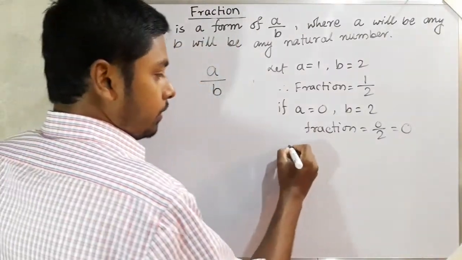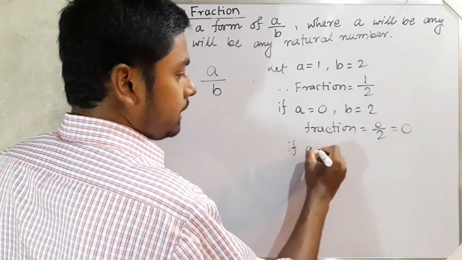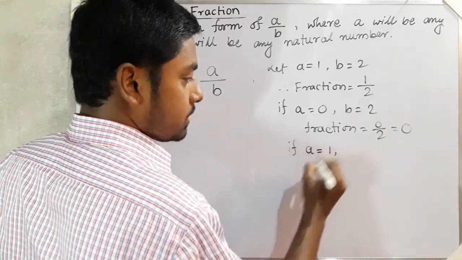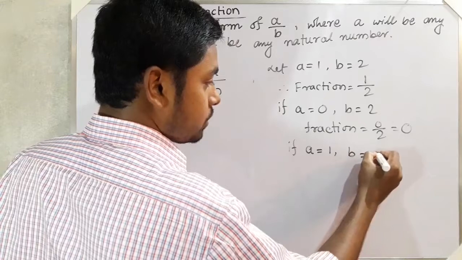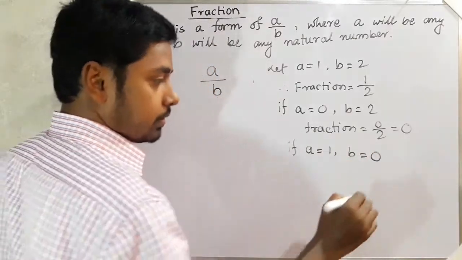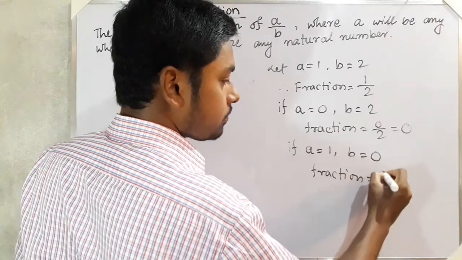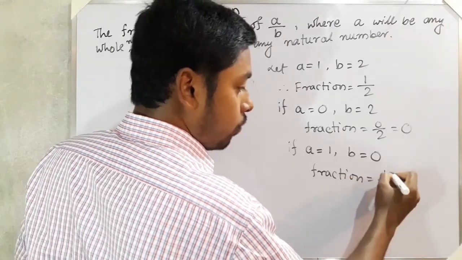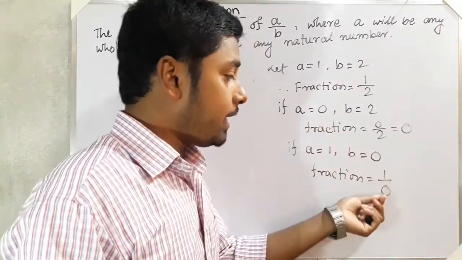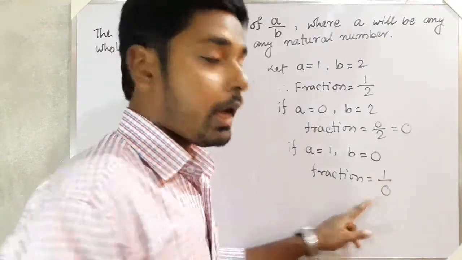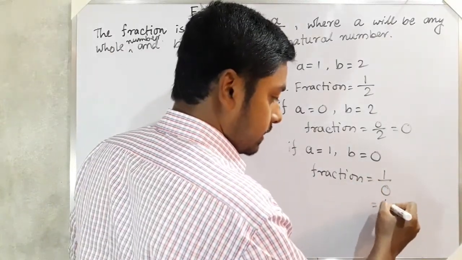But if a is equal to 1 and suppose b is equal to 0, then the fraction is 1 by 0. That means we are dividing 1 by 0 and it does not exist.